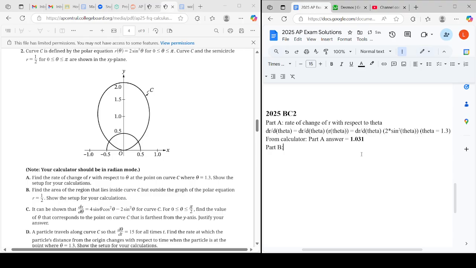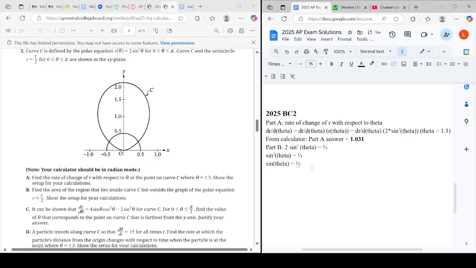Part B. Now we're going to get a classic question where it's going to ask us for the area between two polar curves. We need the area inside the big curve but outside the semicircle. First we need to find where they intersect, so we're going to set these two things equal to each other. 2 sine squared theta equals 1 half, so sine squared theta equals 1 over 4, and sine theta equals 1 half.